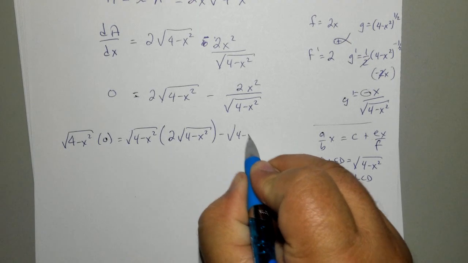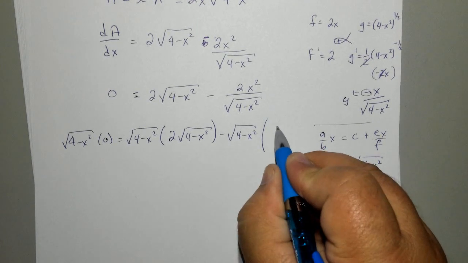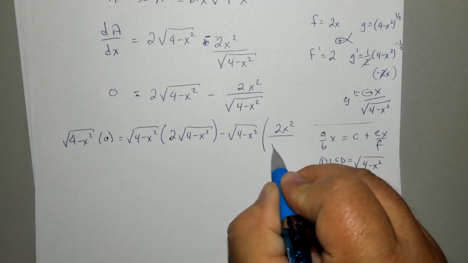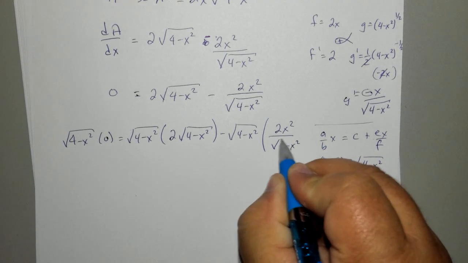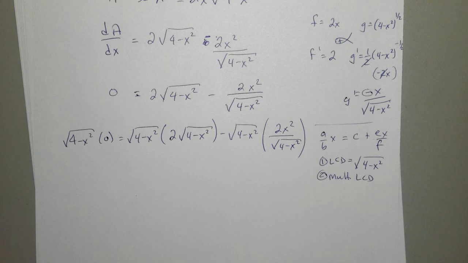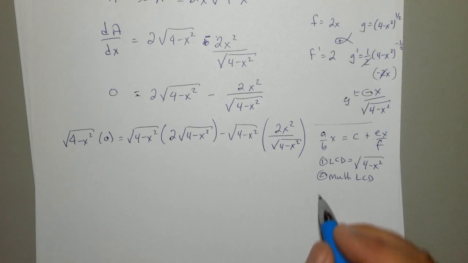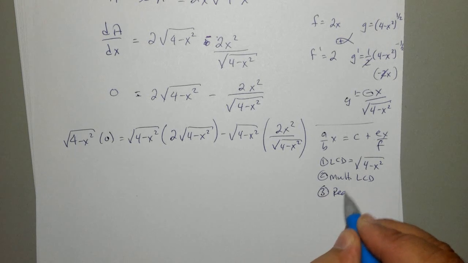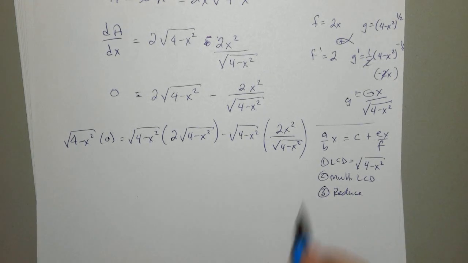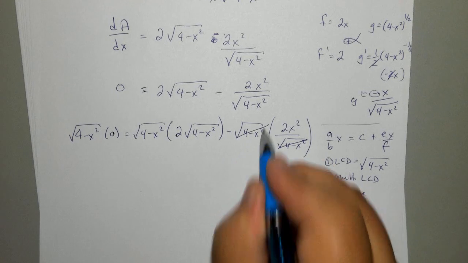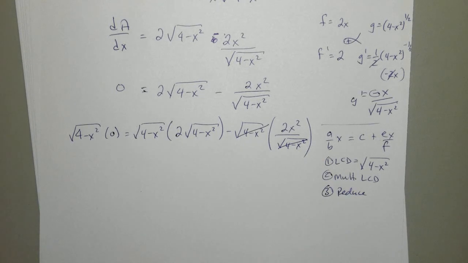Minus radical 4 minus x squared times 2x squared over radical 4 minus x squared. So the whole purpose of doing this is to get rid of the fractions. Reduce. The radical 4 minus x squared at the end disappears.